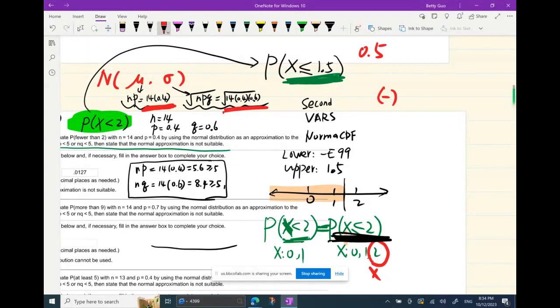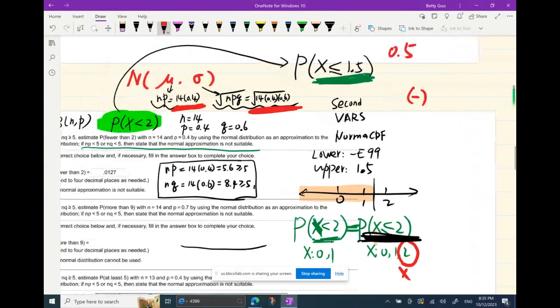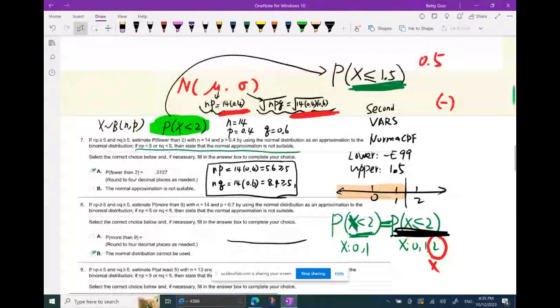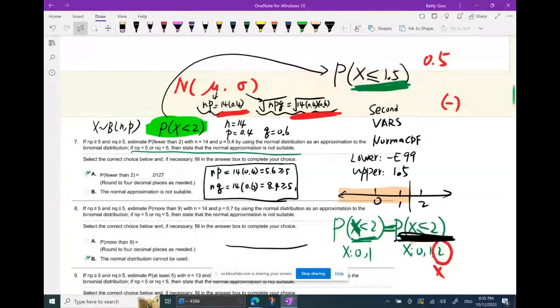Your sigma is square root of 14 times 0.4 times 0.6. And then you paste. And let me know what you have. Yeah, this is the first question we see: how do we use the normal to approximate binomial?